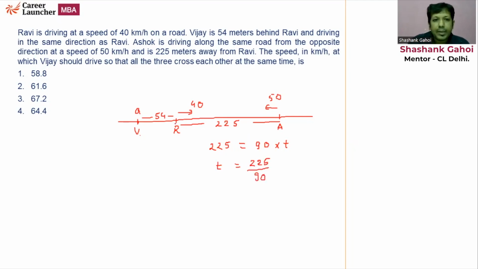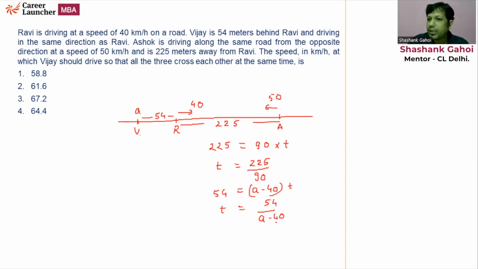Okay. Now, in how much time Vijay is going to meet Ravi? So he has to cover a distance of 54 with a speed of a minus 40 and in the same time, so time is t. So I can say t is equal to 54 upon a minus 40.